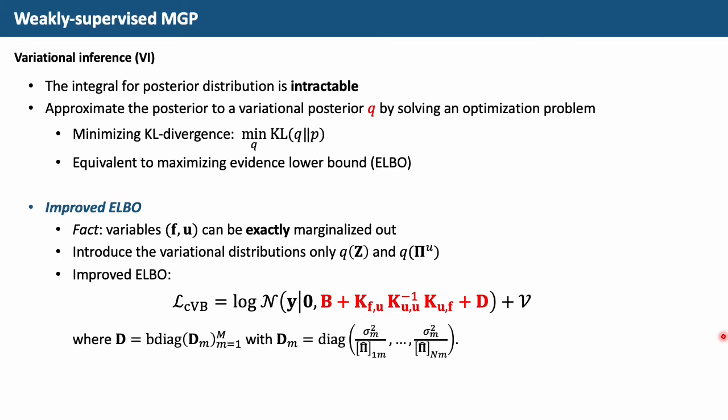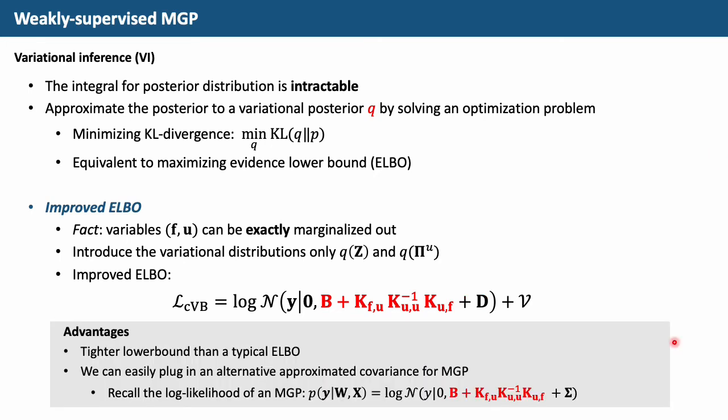We will denote a new ELBO based on this assumption as the improved ELBO. The expression of improved ELBO is represented as follows. Detailed derivation is omitted, but you can find it from our paper if interested.